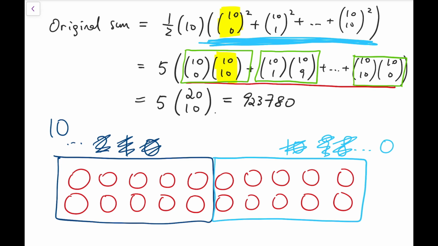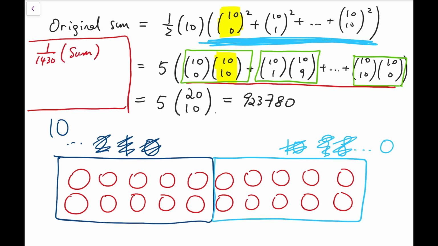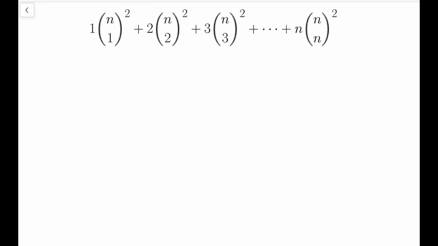The original problem from the JEE is actually asking this sum divided by 1430. So the answer to that particular problem in the JEE Advanced Exam will be equal to 646.